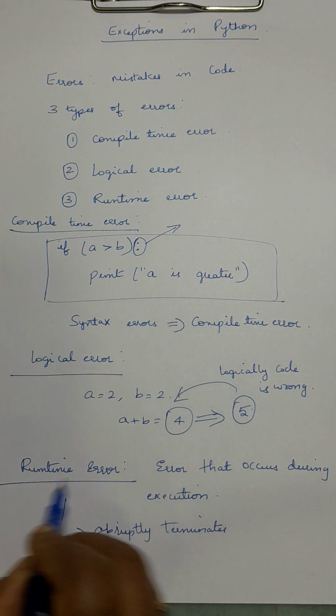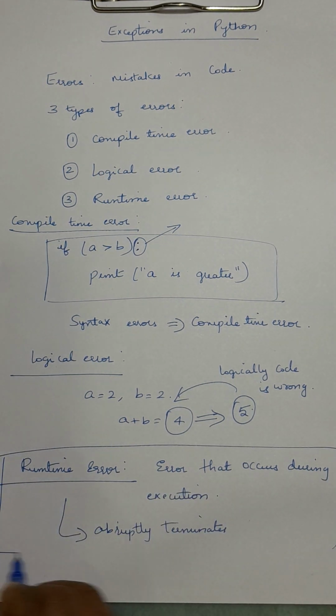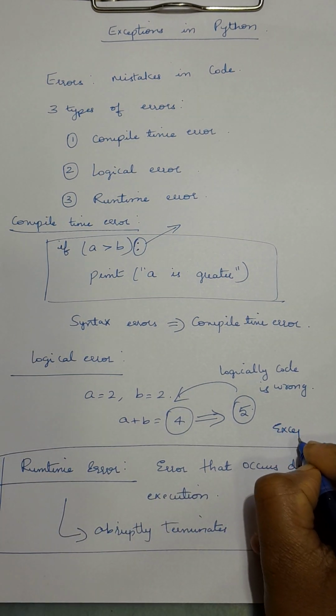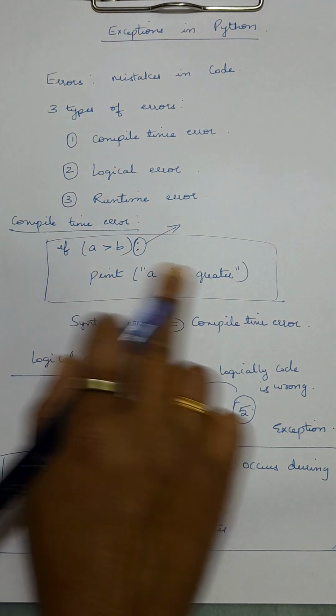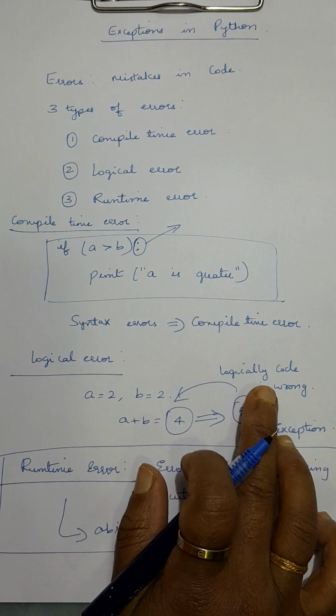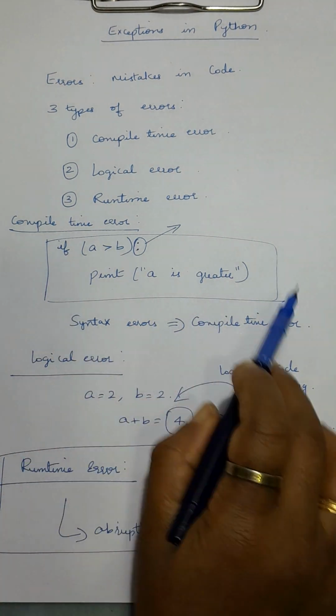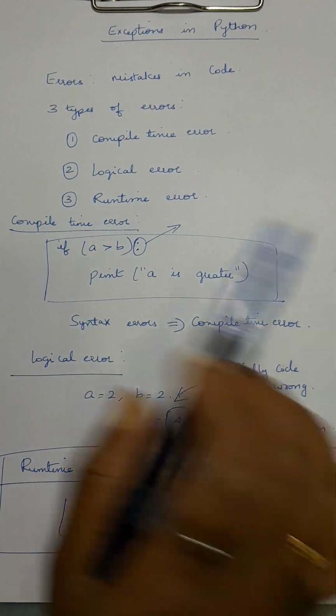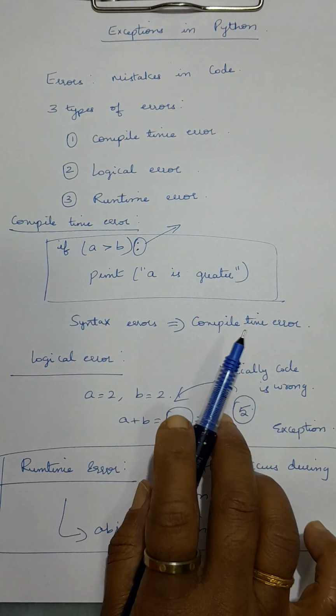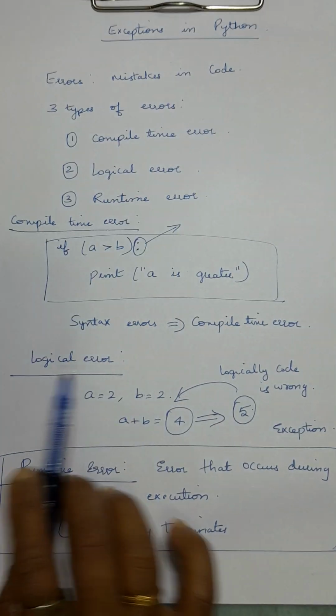Okay, now how do we handle this runtime error? We have to learn the concept of exception. Compile time error, when we start the compilation, at that time the error will be thrown at this particular line. Some syntax is missing, so the programmer himself, before releasing the code, has to debug.